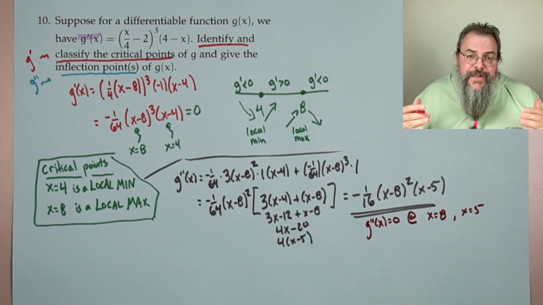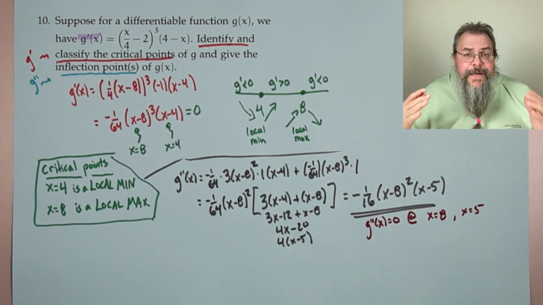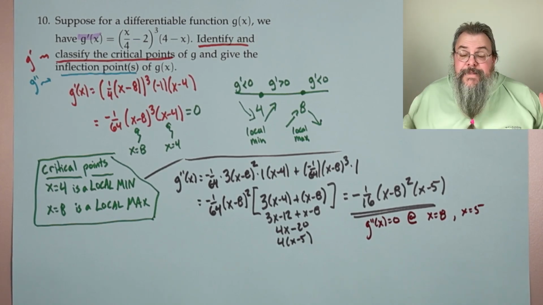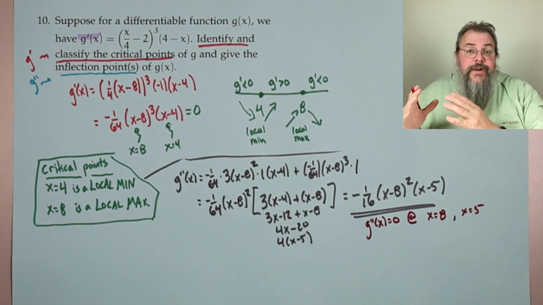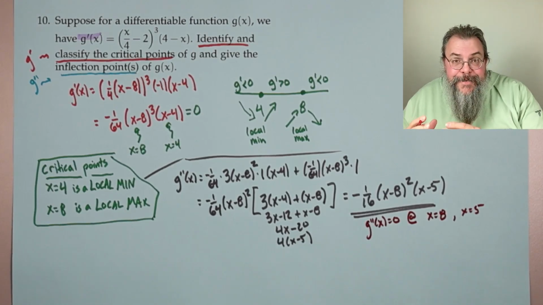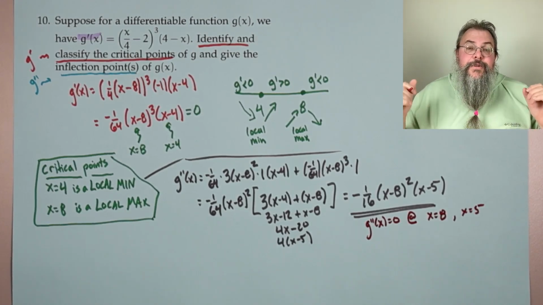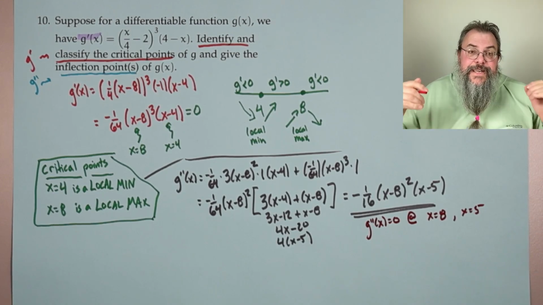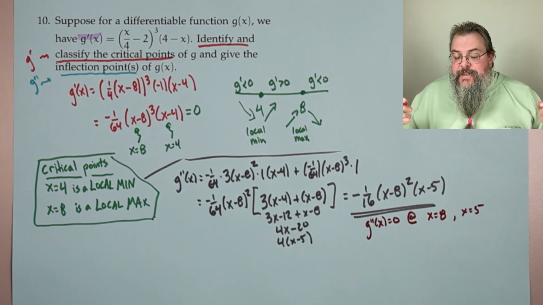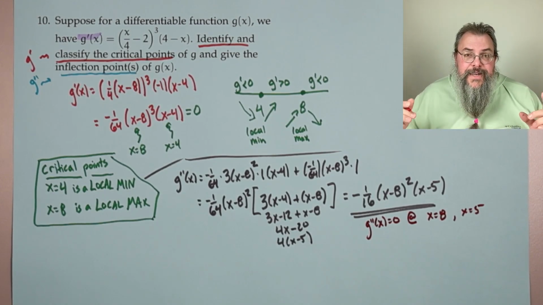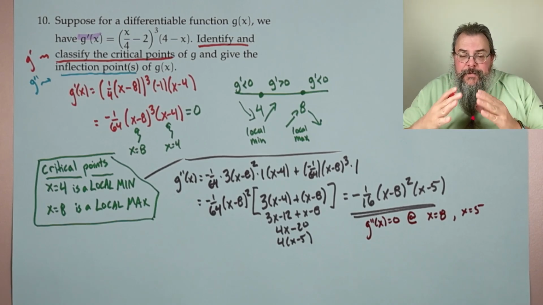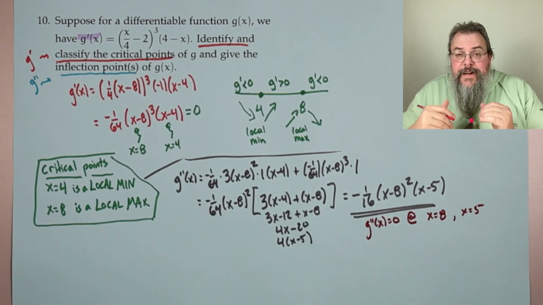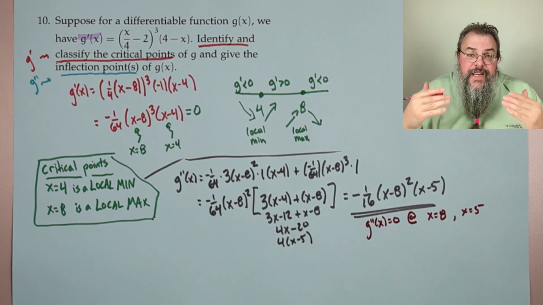What's the issue? The issue here is, what does it mean to be an inflection point? It means we are changing concavity. Okay, so we're looking for where concavity is changing. So with that in mind, if I have a critical point for the second derivative, it doesn't automatically mean concavity changes, because it could stay the same on both sides.